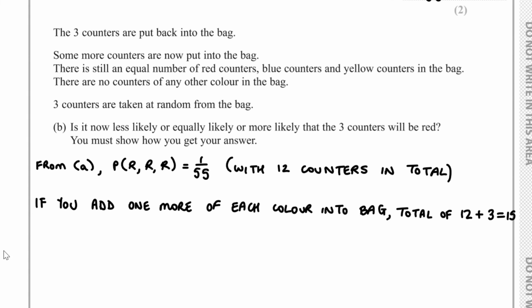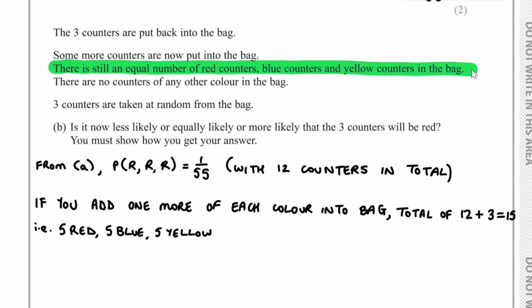So we've got 15 counters in the bag, and therefore we've got 5 red, 5 blue and 5 yellow. And the reason we've got this particular number is because there is still an equal number of counters in the bag. So that's why these are equal.